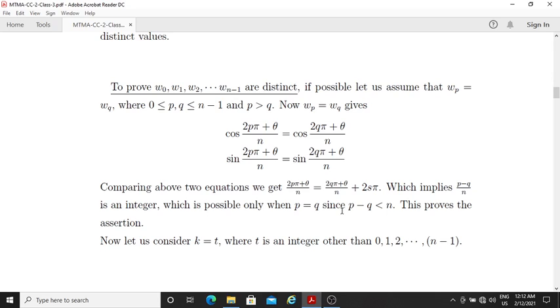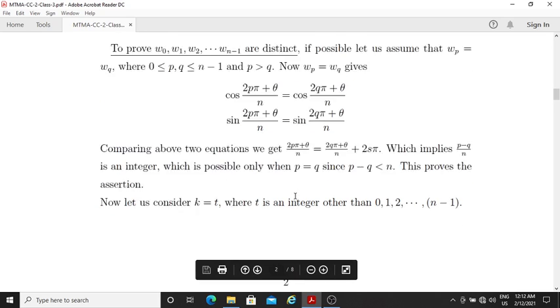So this contradicts our assumption. Hence what we have assumed, that wp is the same as wq for p greater than q within this range, is not correct. So wp must be different from wq. So they are distinct. That part is proved.